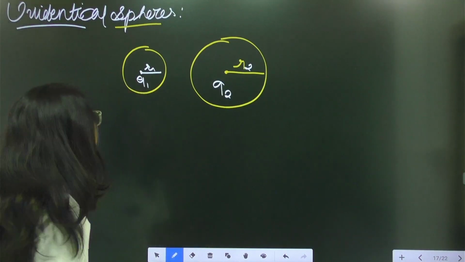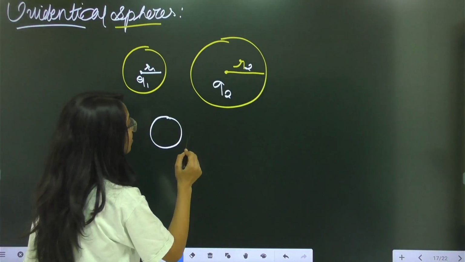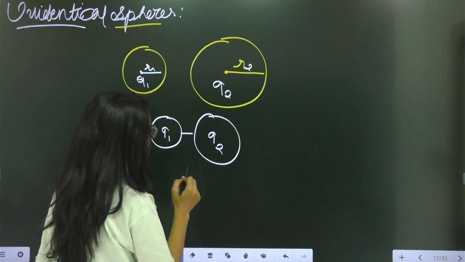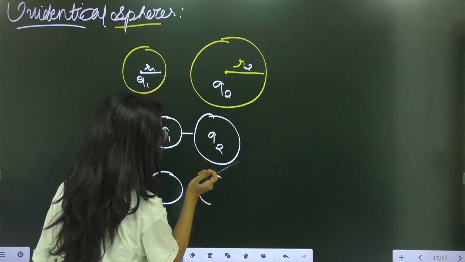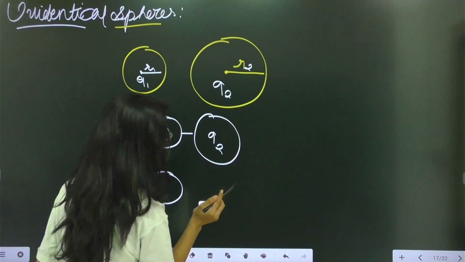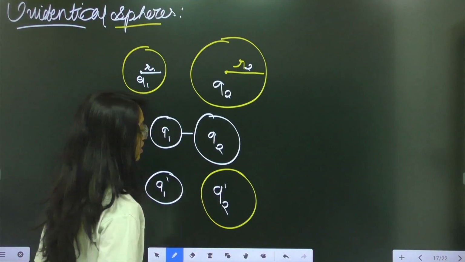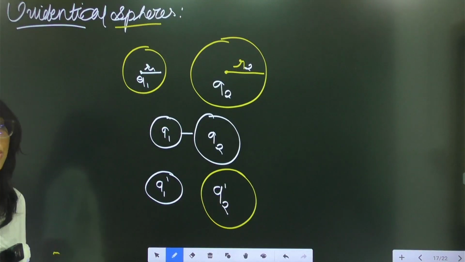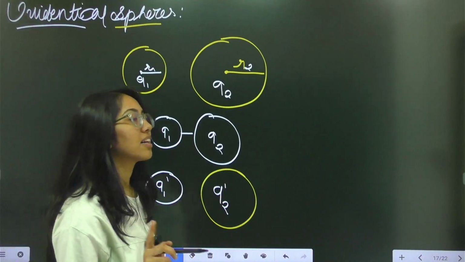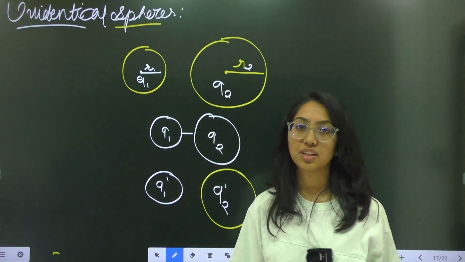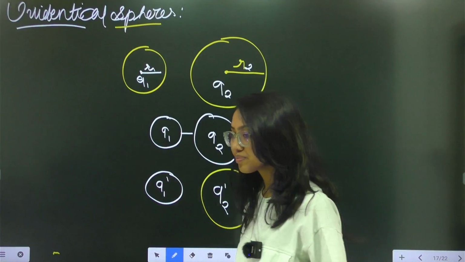The charges are already there. Now we are going to connect them and then separate them, giving Q1 dash and Q2 dash. We have to find this Q1 dash and Q2 dash, but these are unidentical spheres. That is why we cannot use that average formula that we used earlier.